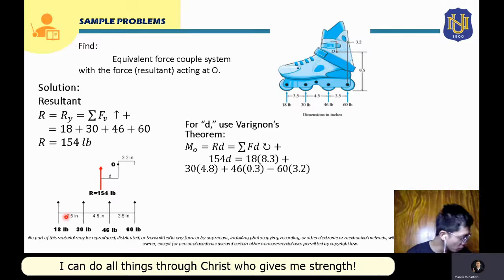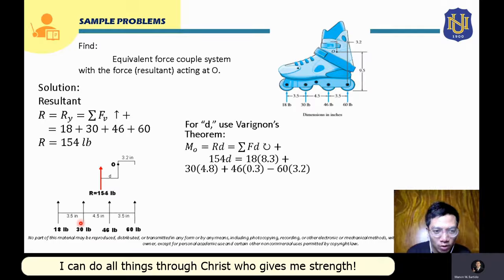That will be the moment arm of 18 pounds, so that will be 8.3. Its rotation about point O will be clockwise, so this will be positive here.